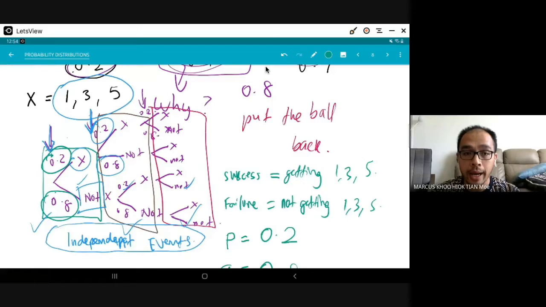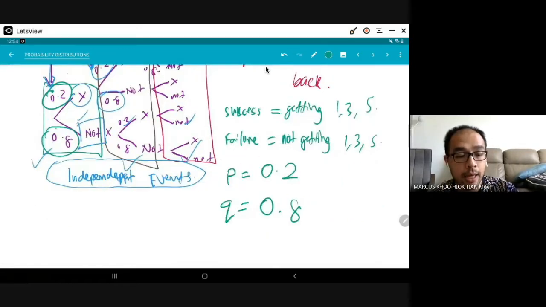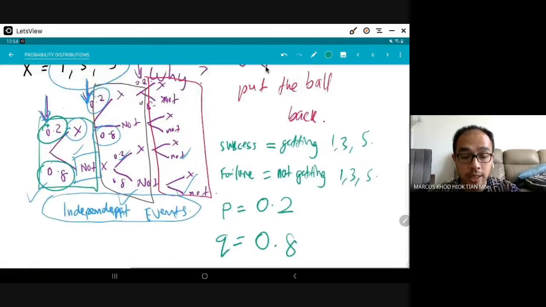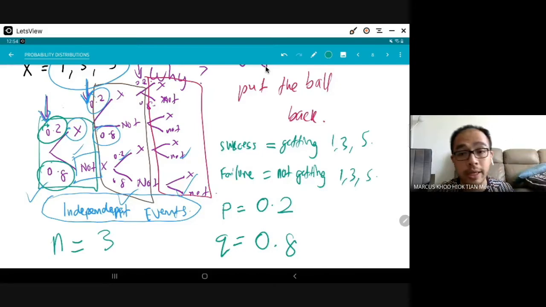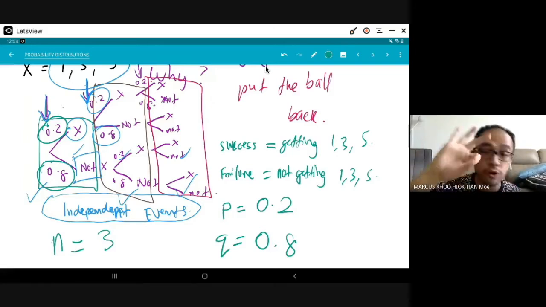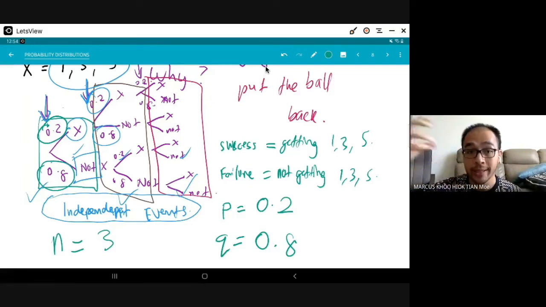Okay, and then in this particular question, because your tree diagram has 3 levels, your n is 3. Okay, how do you know it is 3? Let's say you don't draw the tree diagram now. How do you know? It's because the question says, a ball is chosen 3 times. You take a ball 3 times.